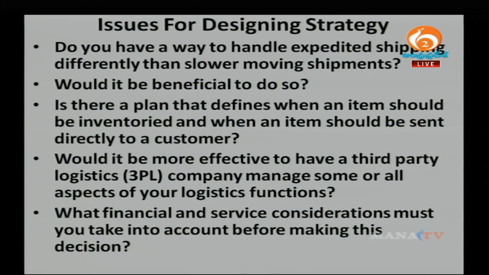What am I good at? Is there a plan that defines when an item should be inventoried and when an item should be sent directly to the customer? Would it be more effective to have a third party logistics company manage some or all aspects of your logistics function? What financial and service considerations must you take into account before making these decisions?